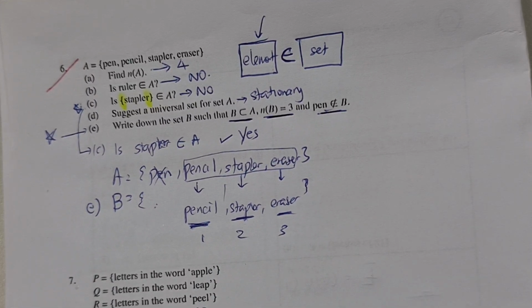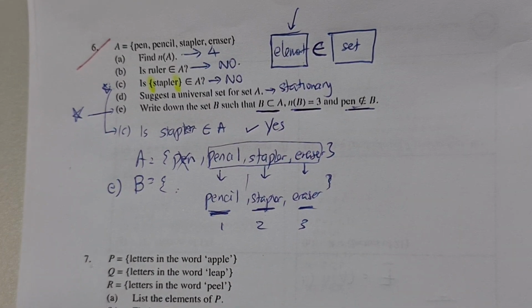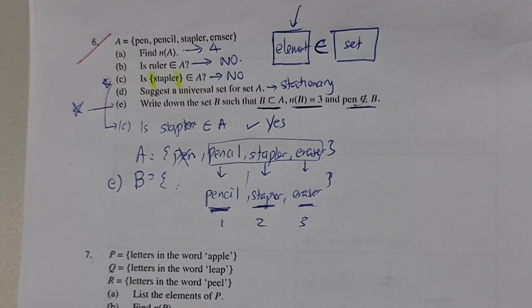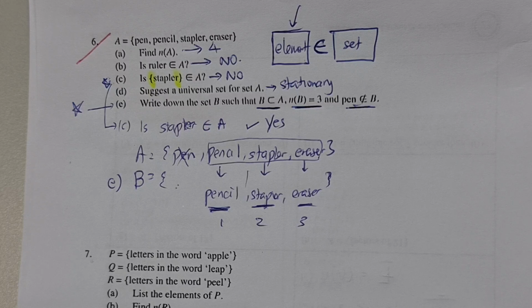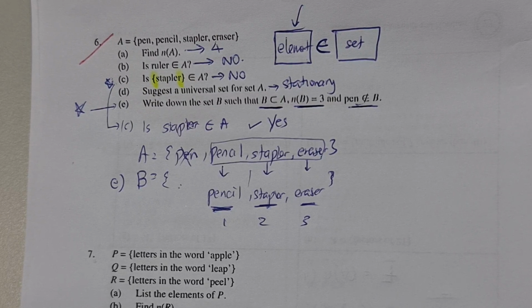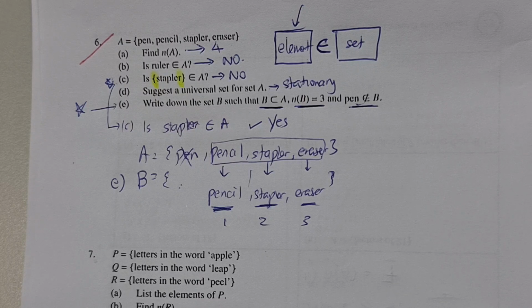So far okay? Let me repeat one more time. The first condition is that B must be a proper subset, so it must have fewer elements than these four. It cannot be equal, it cannot be 4.